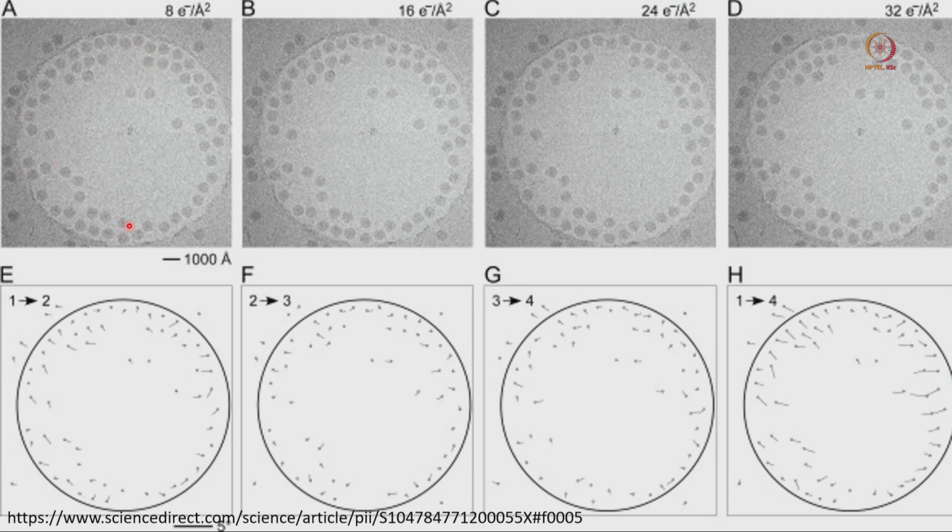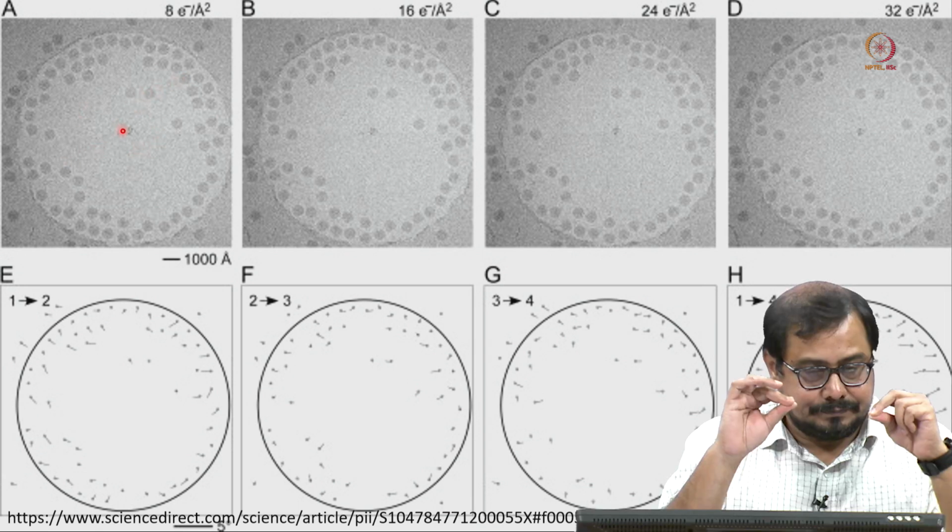Most of the time virus particles will try to stay near the carbon area, because the ice thickness near the carbon area is much thicker than the central part, which has comparatively thinner ice.